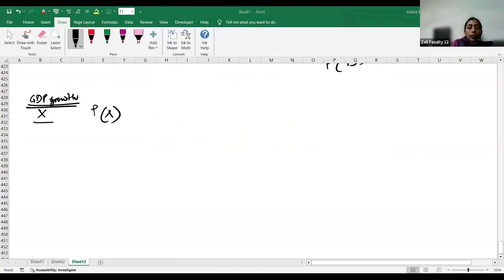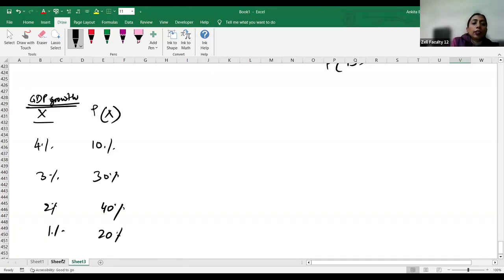So probability that GDP growth rate will be 4%, probability is 10%, 3, 2, 1. These are the GDP expectations, and 30, 40, and 20. So these are the probabilities.